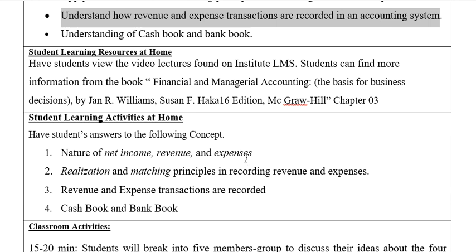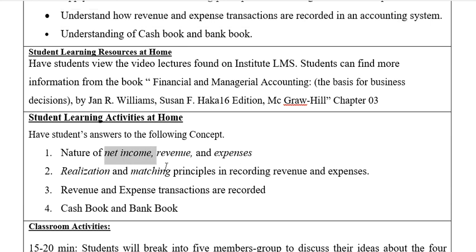You need to have a good understanding of their definitions and share your understanding with your classmates about net income, revenue and expense, and similarly the realization and matching principle, and revenue and expense transactions. You have to know how the transaction works, their debit credit rules, how to read the transaction, and further the cash book and bank book.